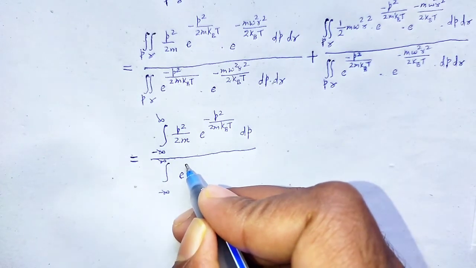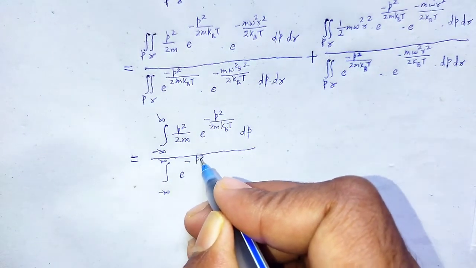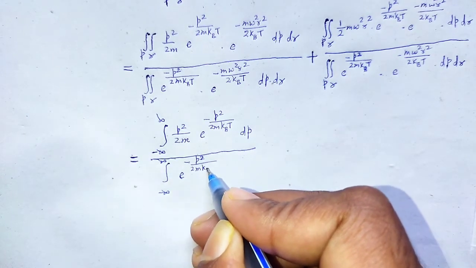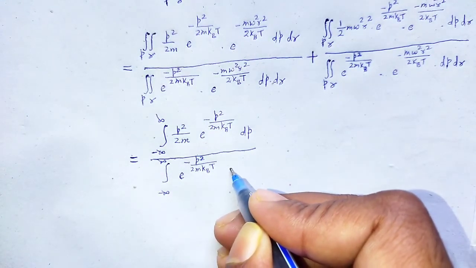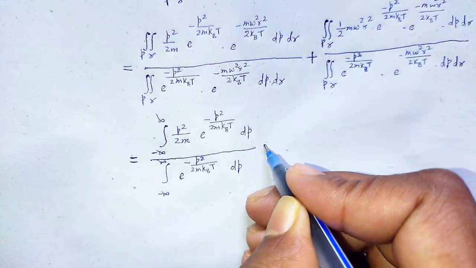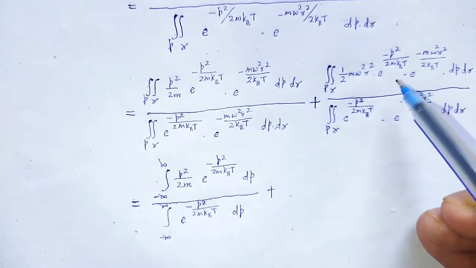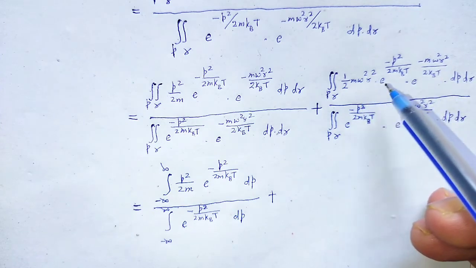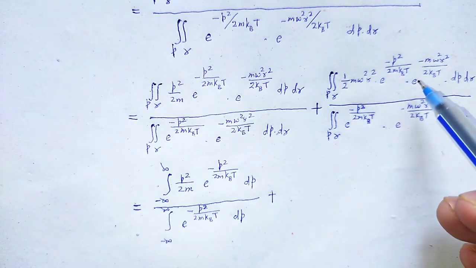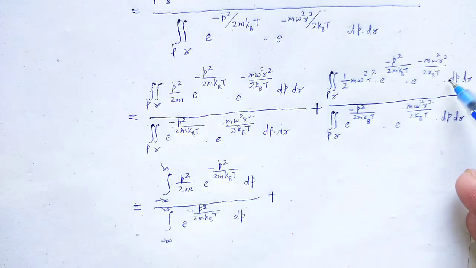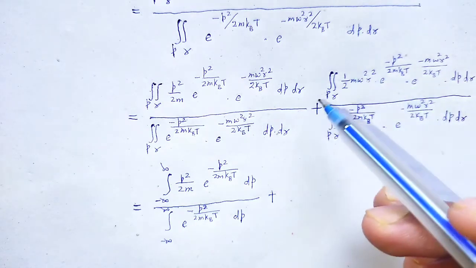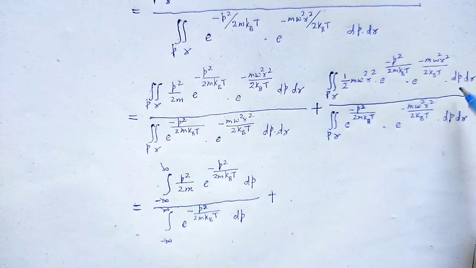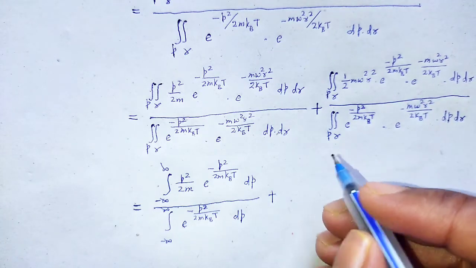e to the power minus p square divided by 2m kBT dp, plus. In that scenario, the integration with respect to dp cancels out in the numerator and denominator, and only the integration with respect to dr exists.